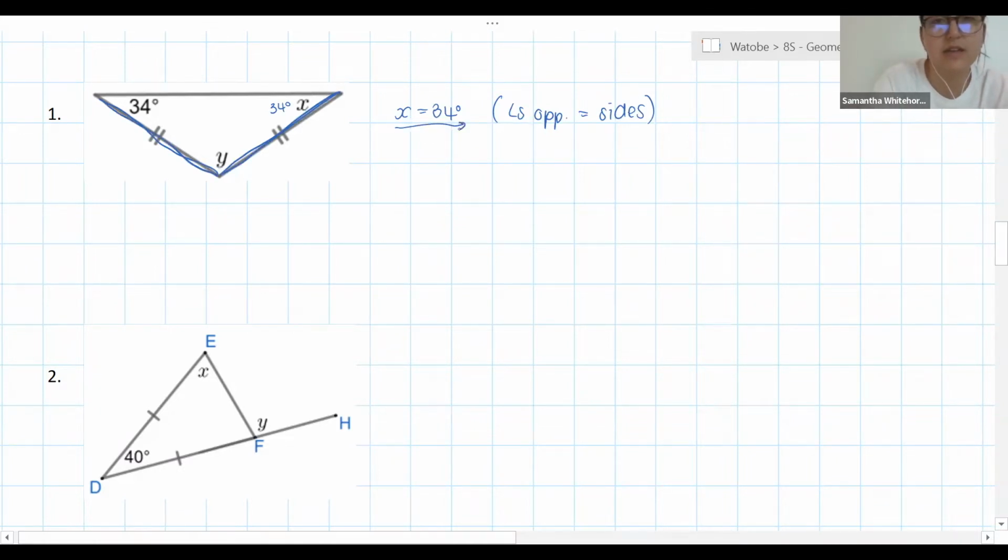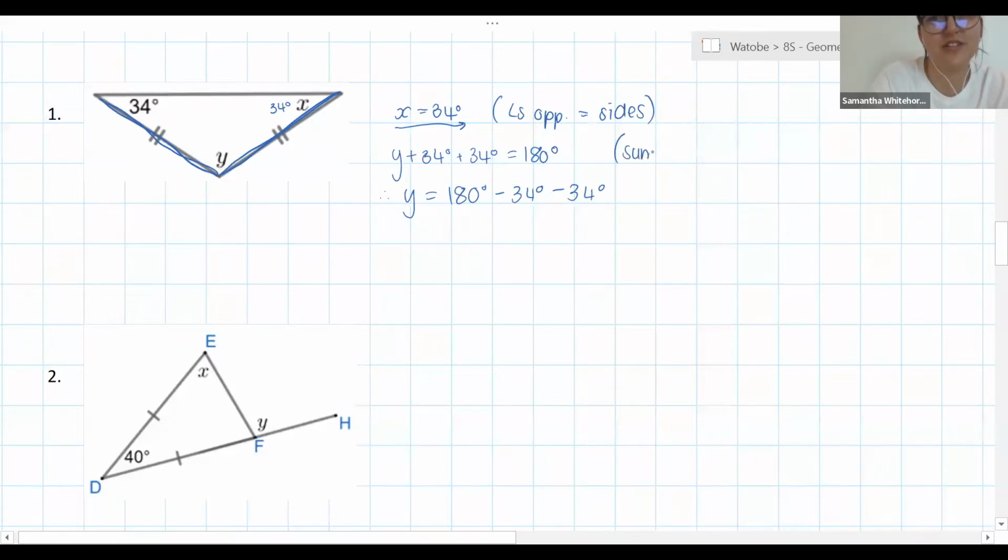And I said for y, y plus 34 plus 34 equals 180. Then I said y equals 180 minus 34 minus 34. What is your reason for saying that?